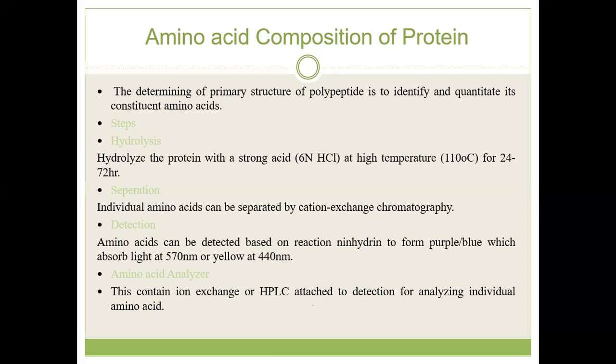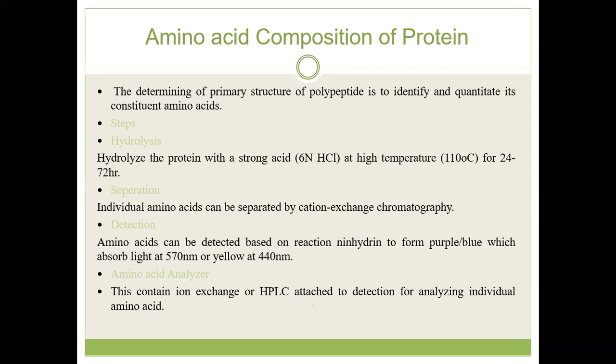So you have a machine called an amino acid analyzer. After hydrolyzing your protein, you can put the protein suspension or solution inside the amino acid analyzer. The amino acid analyzer contains the ion exchange chromatography, or in the form of HPLC, that will separate and then detect and then analyze individual amino acids.